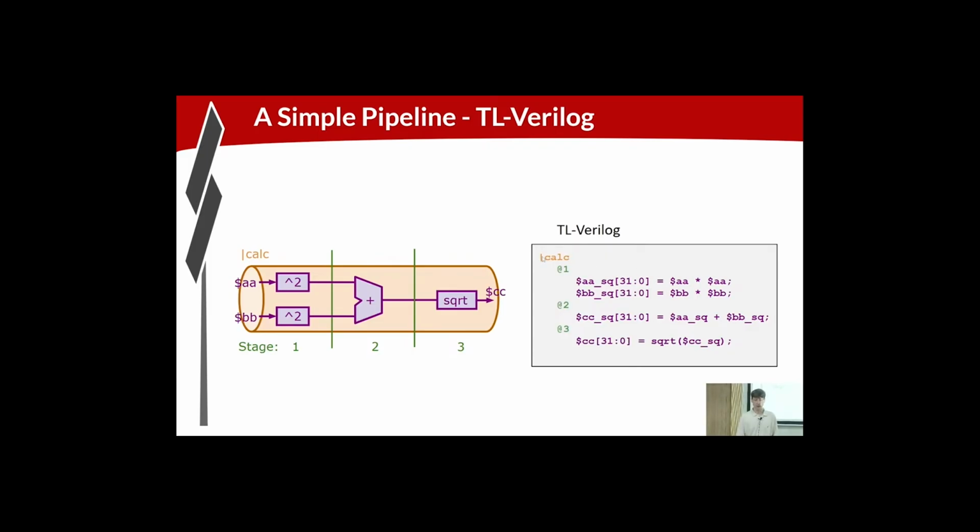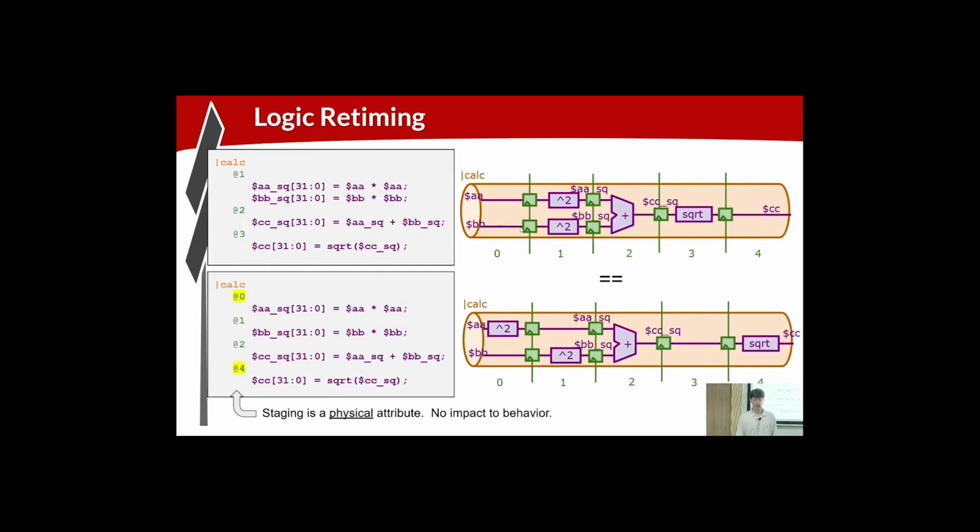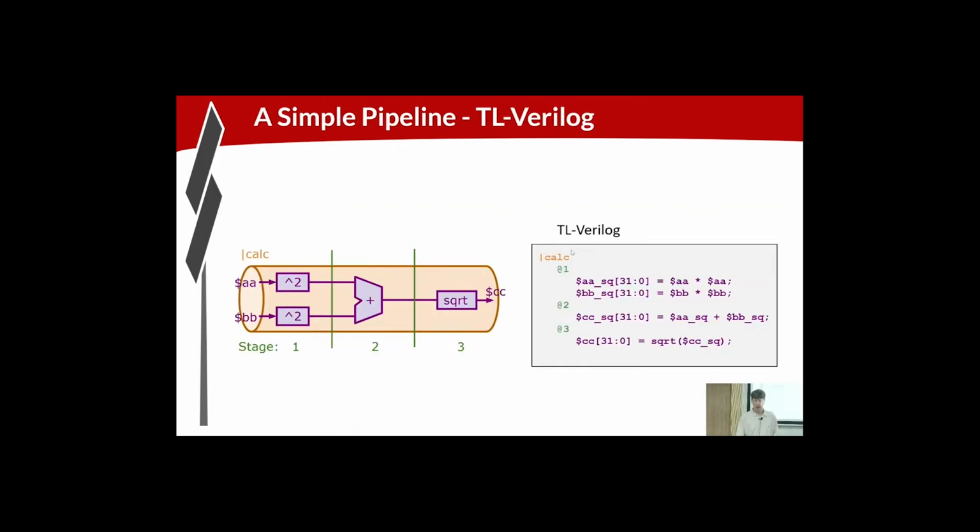So the expression here, you're saying, I have a pipeline called calc. It has stages 1, 2, and 3 with these logic expressions. Okay. You need the context of a pipeline to have the pipeline stages, right? The pipeline and the stages go together as one construct, basically.